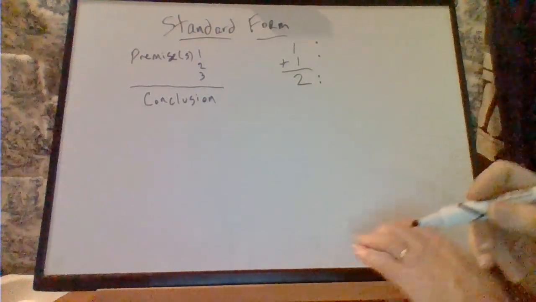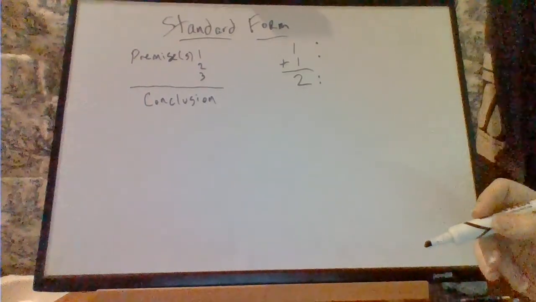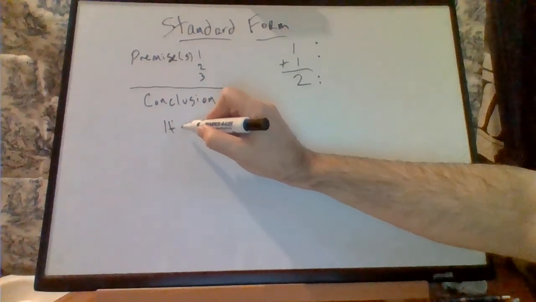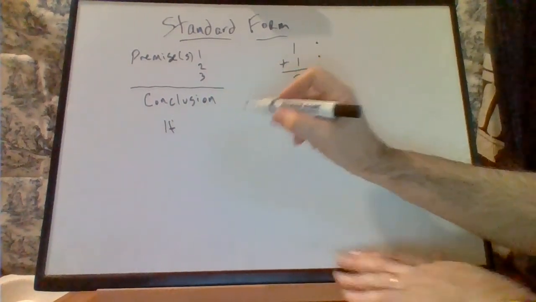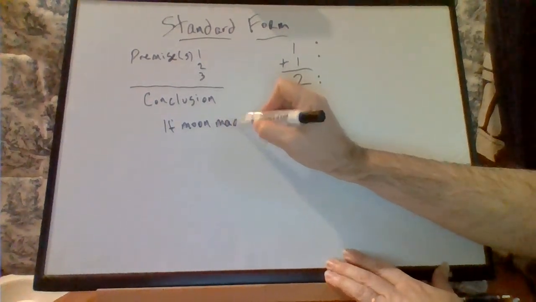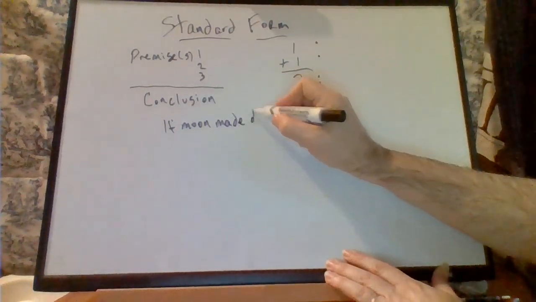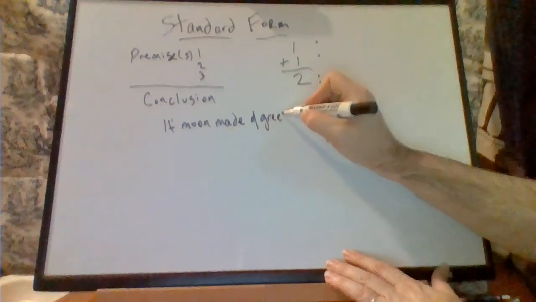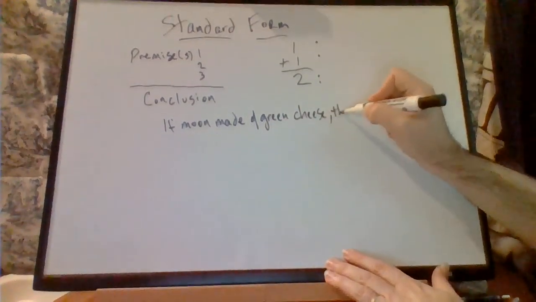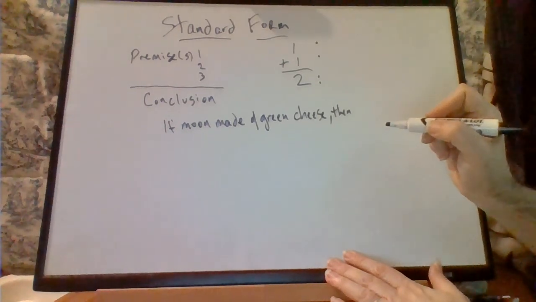So if I wanted to put that argument that I just read to you in standard form, it would essentially say, if the moon is made of green cheese, I'm going to shorthand here a little bit, then mice are on the moon.